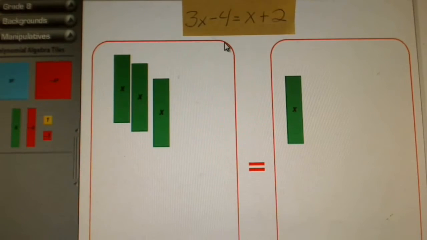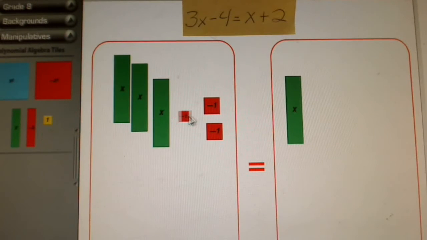That's negative 4, so I'm going to have 4 negatives: 1, 2, 3, 4. Every one of those small squares is 1 negative, so basically 1 integer. On the other side, we've got 2 positives, so there's 1 positive and another positive.